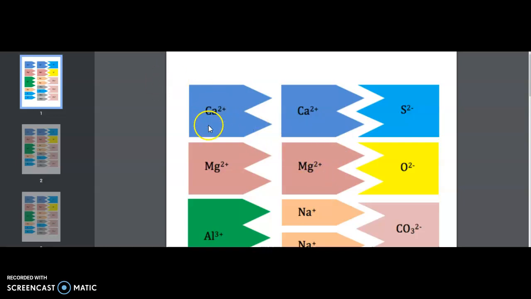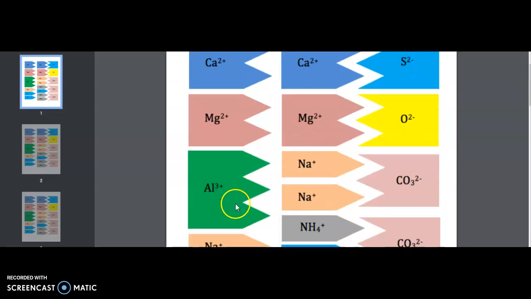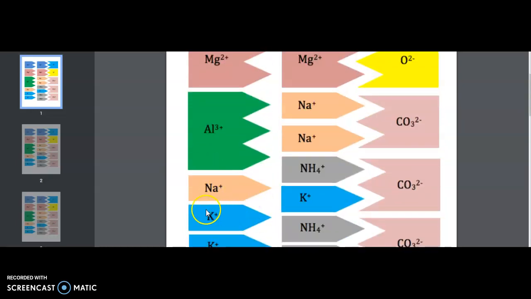What you're going to do is notice that all of the cations, the positively charged ions, will have forward-facing, in this case it's not really notches, these are the teeth. So all of the cations have the teeth. And the number of teeth matches the charge of the ion. So aluminum has 3 teeth. Sodium has 1 tooth. Potassium has 1 tooth.